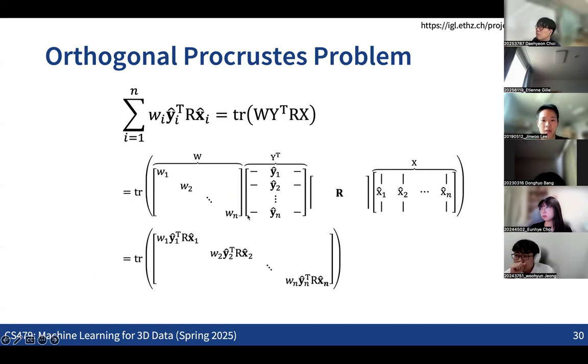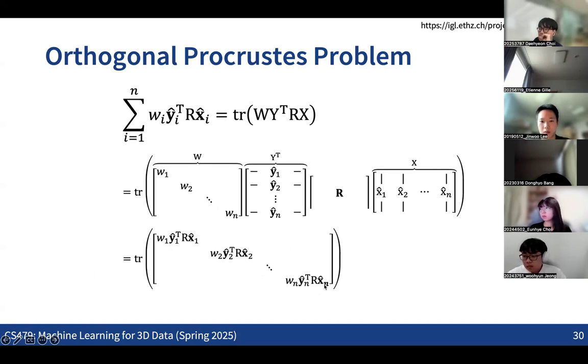Then what we can see is that when you compute the multiplication for the matrices like this and take the sum of the diagonal, that becomes identical to computing this part, right? So this is nothing but rewriting the same formulation in matrix form, while just taking the sum of the diagonal at the end, right?